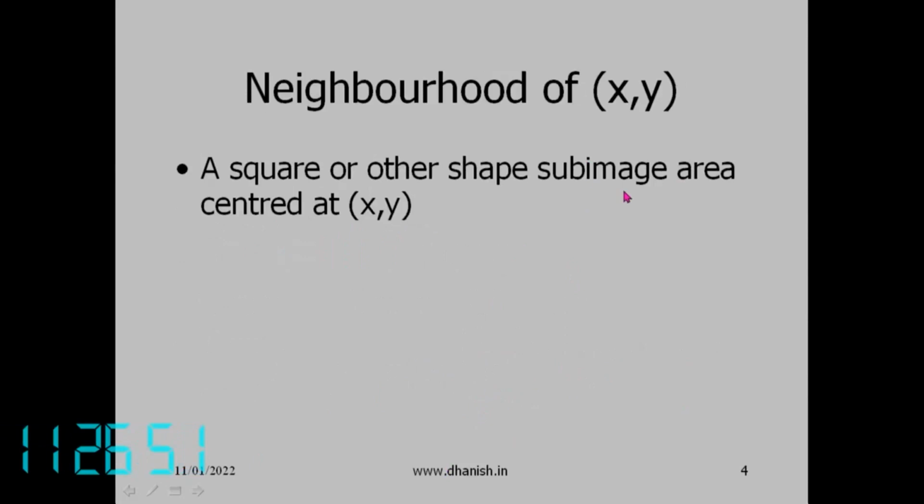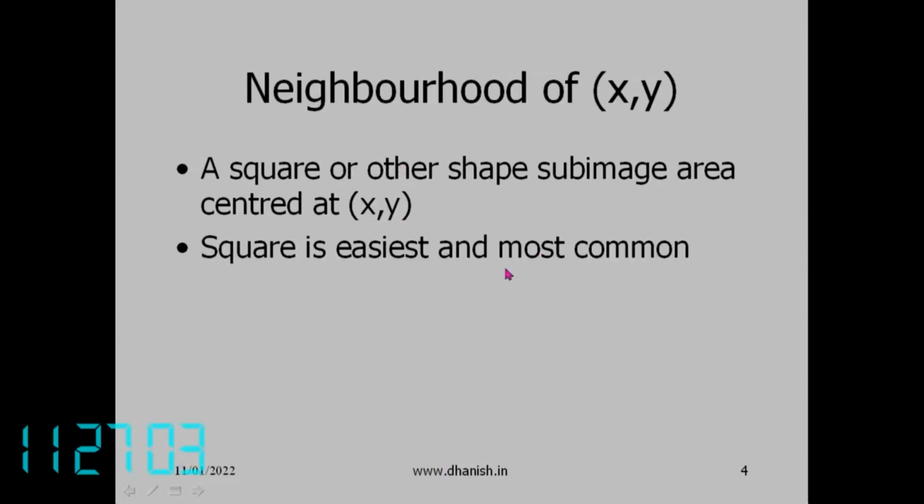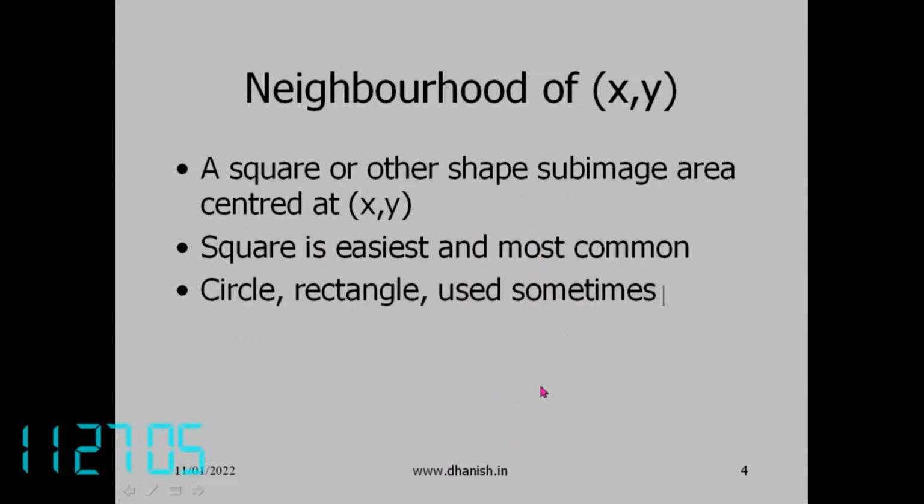So what is the neighborhood of xy? A square or other shape subimage area centered at xy. Square is the easiest, so we prefer that. You can think of other complex neighborhoods also. Square is easiest and most common. Circle and rectangle are used sometimes for a particular operation. So based on the properties of the neighborhood, you may make a decision.